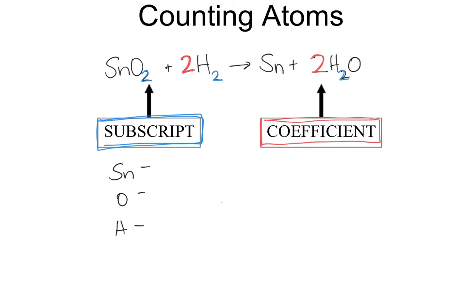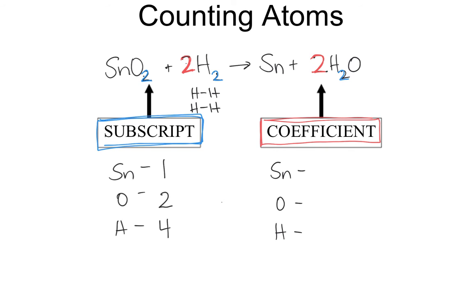We have 1 tin atom, 2 oxygen atoms, and we have a 2 coefficient in front of a hydrogen that has a 2 subscript. So we have basically 2 hydrogen molecules, which means we have 2 times 2, which is 4. The coefficient will multiply by all the subscripts. 4 atoms of hydrogen.